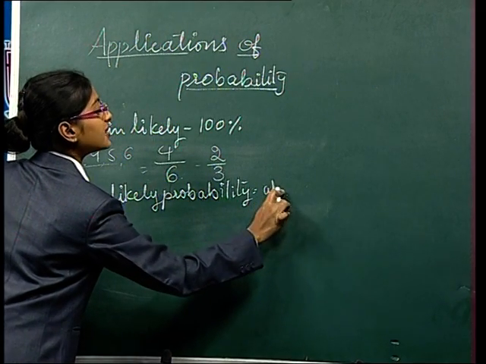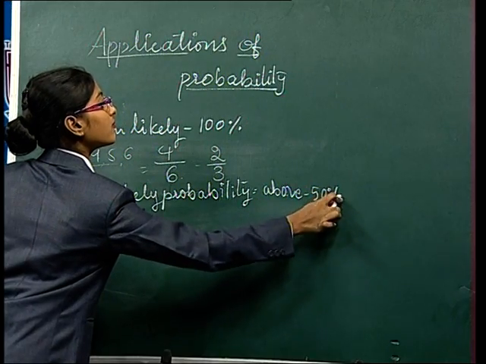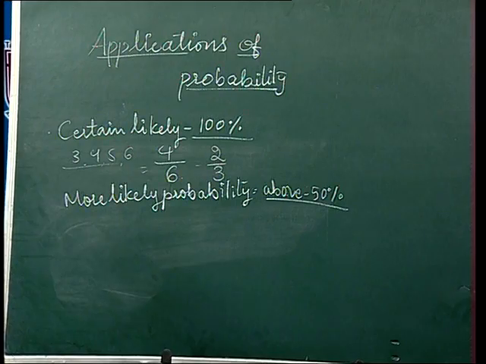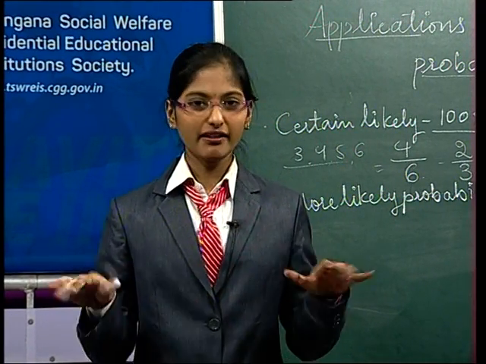The more likely probability is above 50%, and the next one is equally likely.